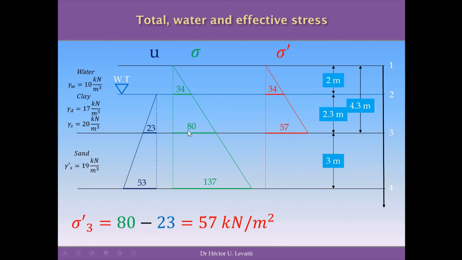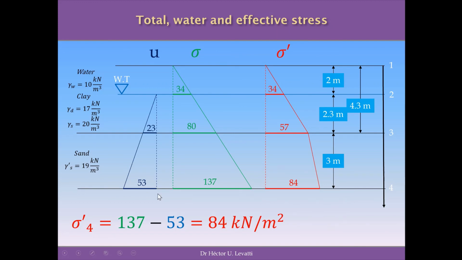For point 3, we have 80 kilonewton per square meter of total stress minus 23 kilonewton per square meter of water pressure. Then our effective stress is 57.